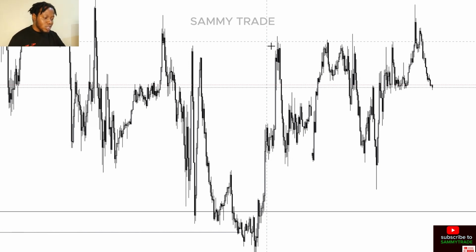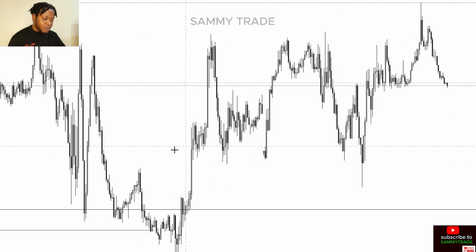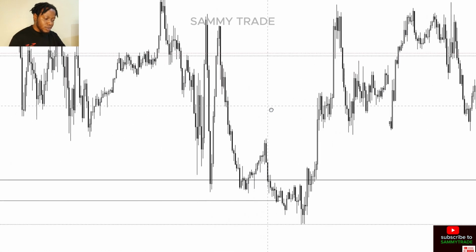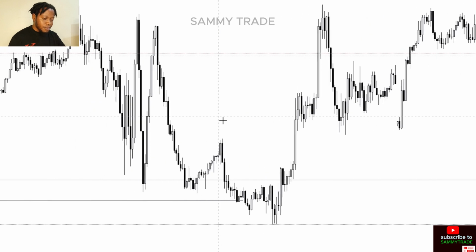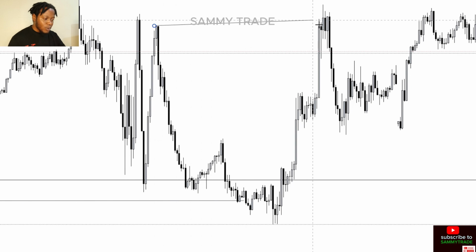Now, remember, as price is pulling back, lower low, lower high, lower low, lower high. Let me zoom in so you can see this clearly. Then a lower low right here and a lower high at this point. So this is our last lower high right here.